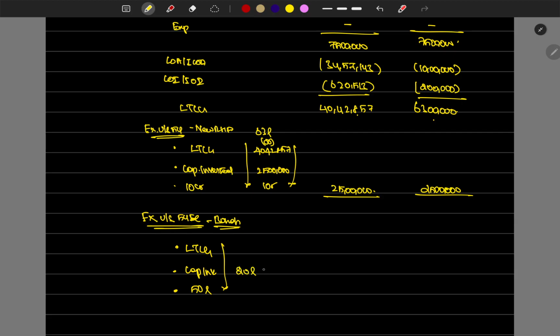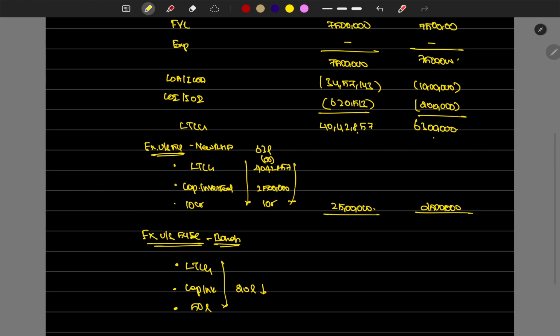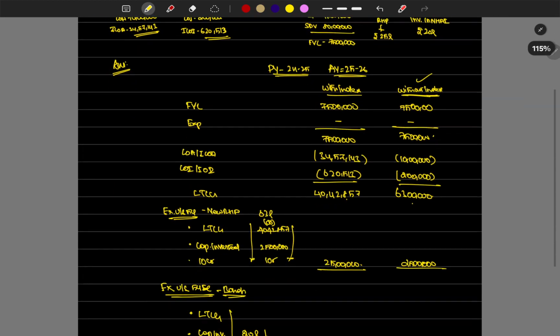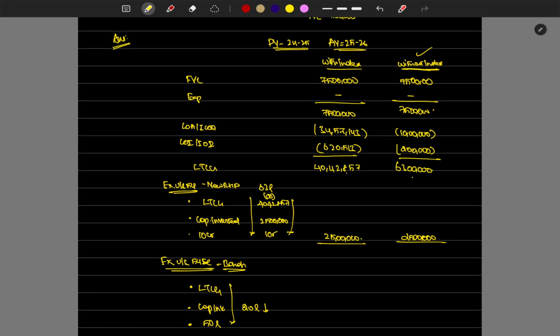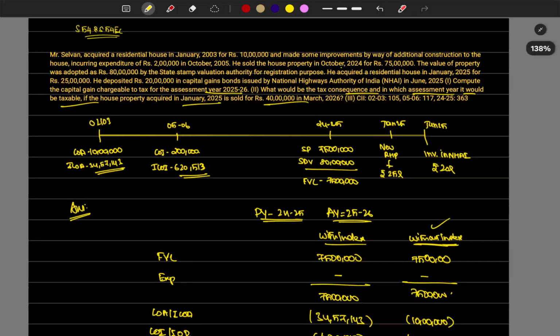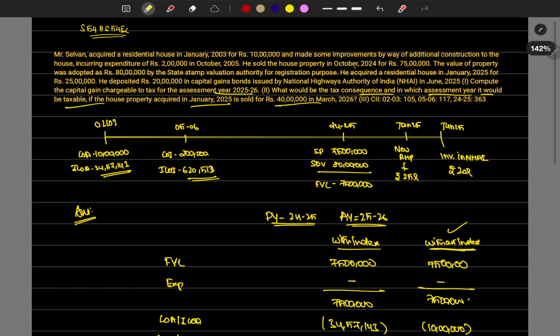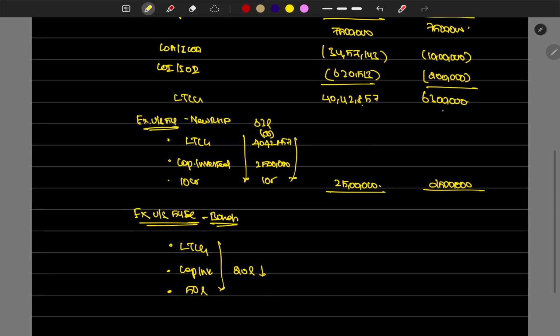Obviously 20 lakhs would be the lowest amount. But the thing is, the bonds should be invested within the time limit. From the date of transfer, the person should purchase the bonds within 6 months. He sold the house property in October 2024 but purchased the bonds in June 2025, so it's beyond 6 months, so he can't get this exemption.